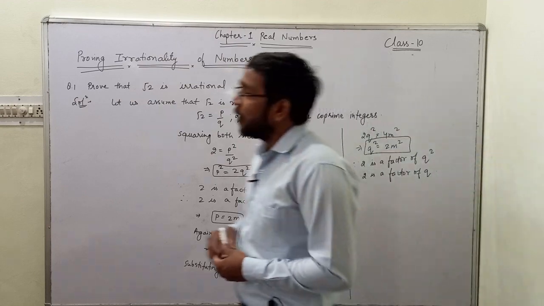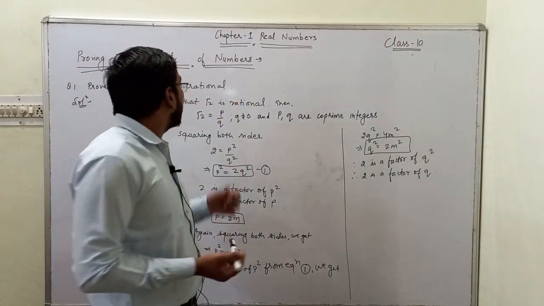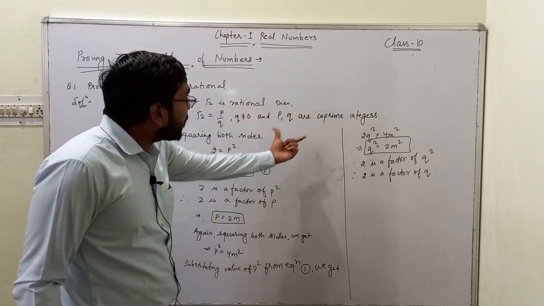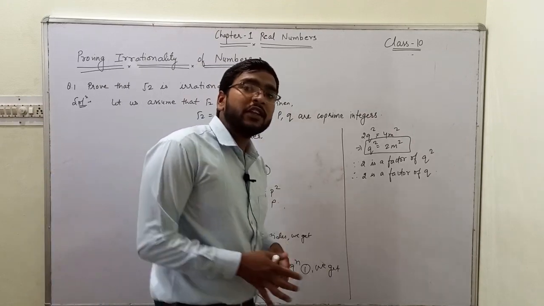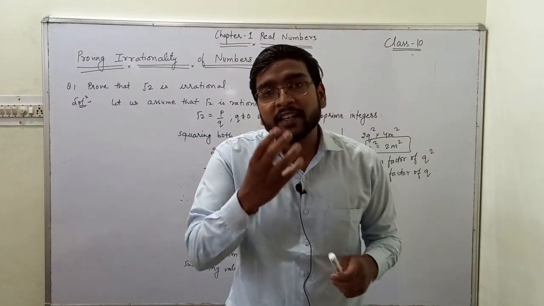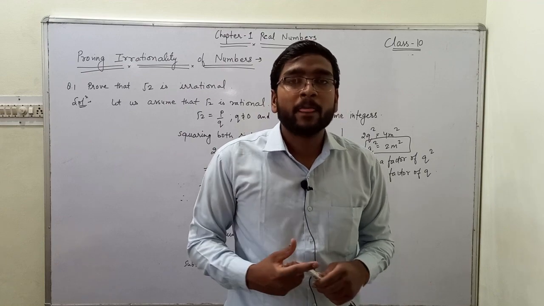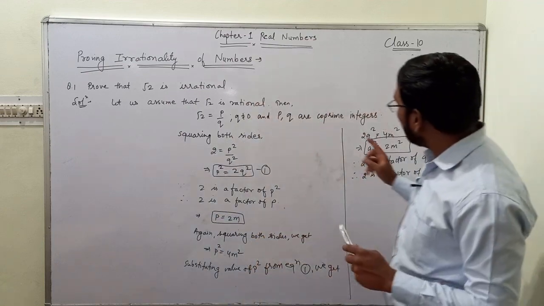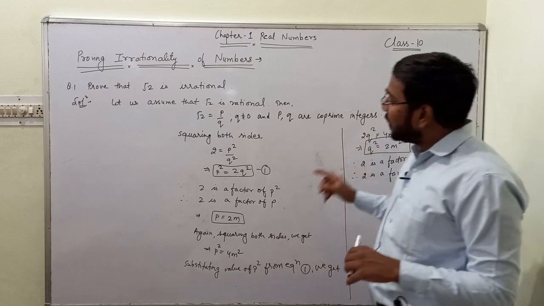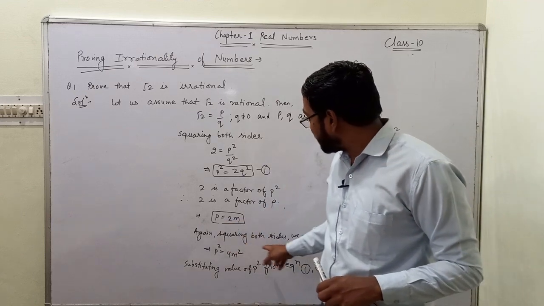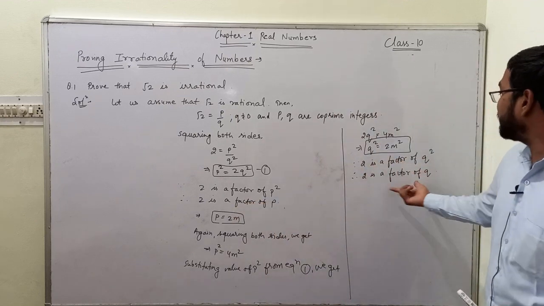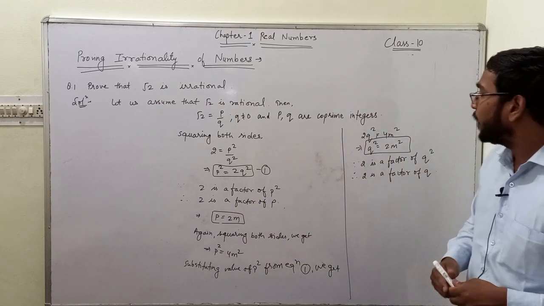But if we assume that root 2 is rational, then p and q must be co-prime integers. If p and q are co-prime integers, their HCF, the highest common factor, should be 1, which means they should not be divisible by the same number. But what we have found is that p is divisible by 2 and q is divisible by 2, so they're both divisible by 2.